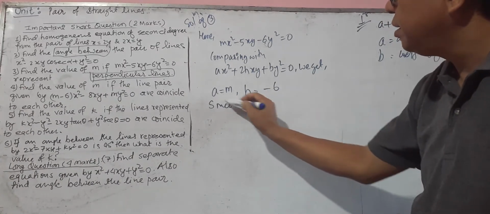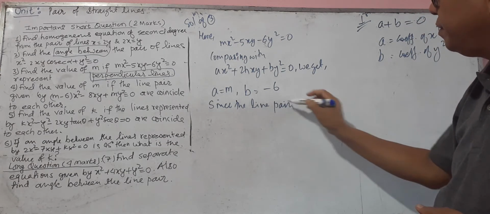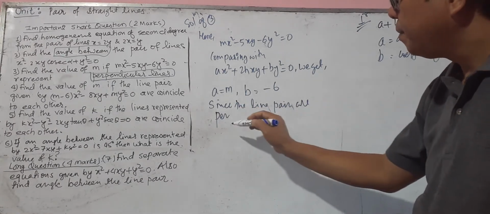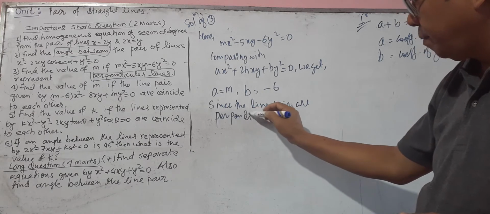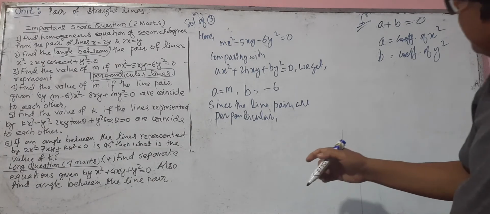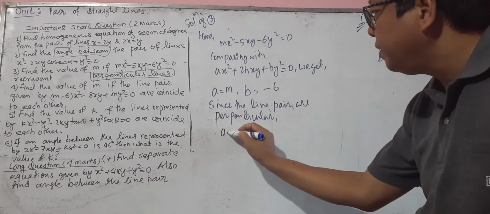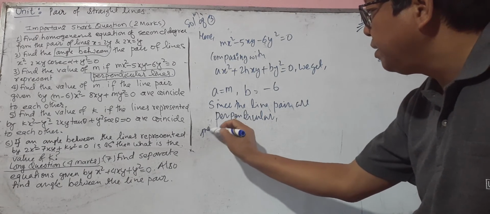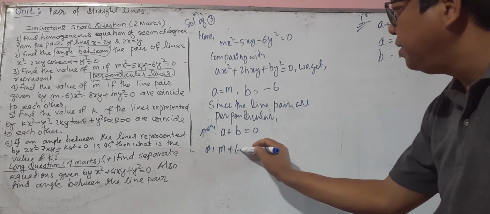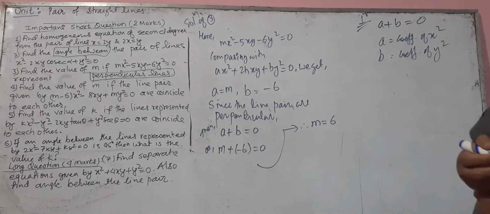Now since the line pairs are perpendicular, we have a plus b equal to 0, where the value of a is m and the value of b is minus 6, so m minus 6 equal to 0, and this gives m equal to 6.